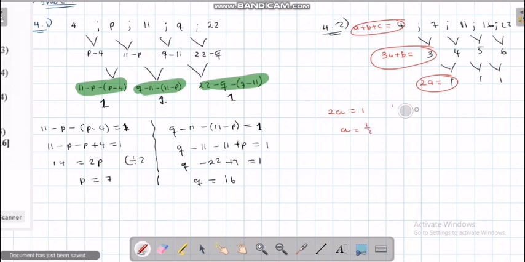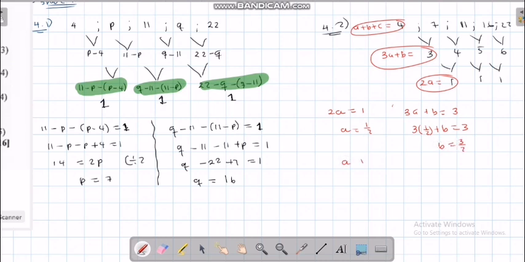And then 3a plus b is equal to 3. So 3 into 1 over 2 plus b is equal to 3. So now what is 3 minus 3 over 2? It's 3 over 2. So b is 3 over 2.